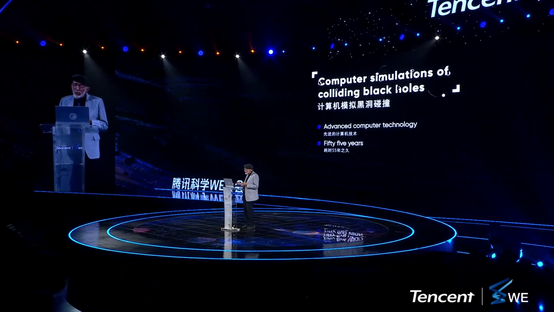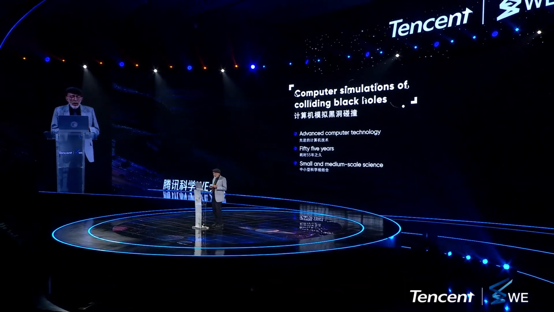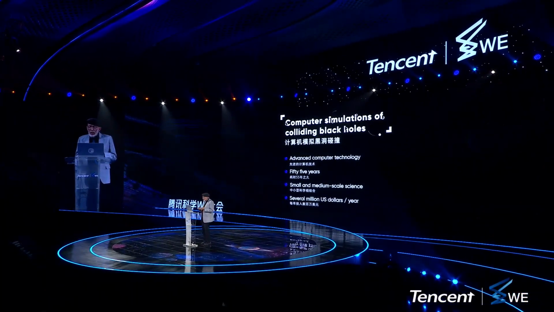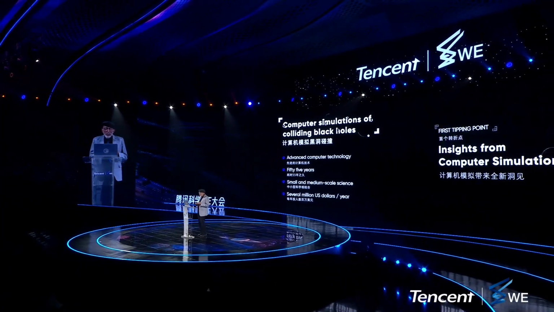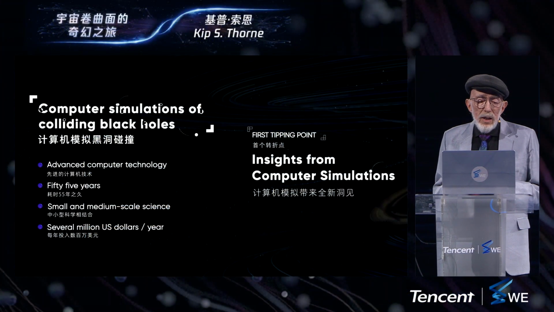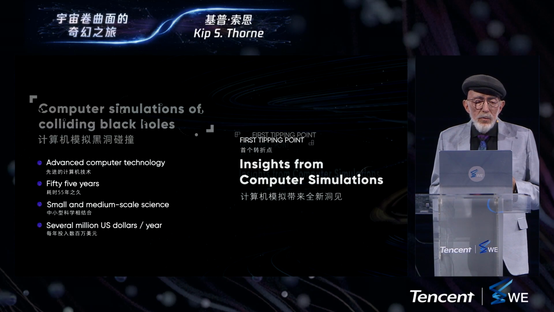This was a mixture of small-scale science and medium-scale science, again, carefully managed. And it required budgets of several million US dollars per year in the later years. But what we have learned from these simulations is marvelous. It has been a tipping point in our understanding of black holes and gravitational waves.